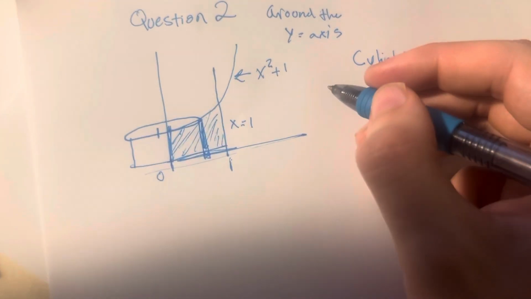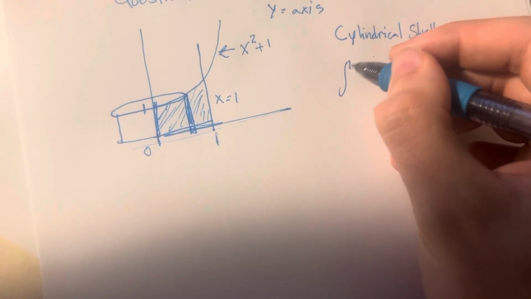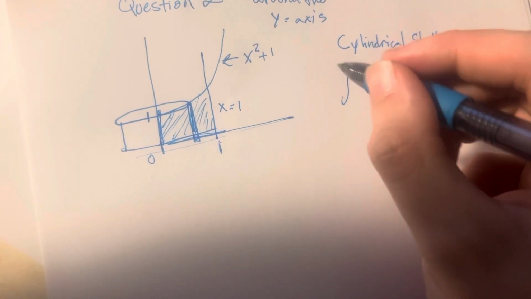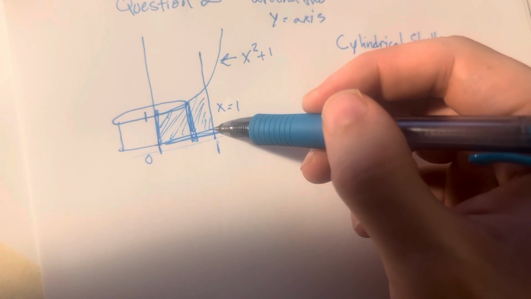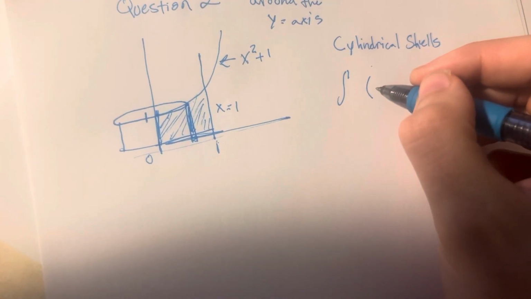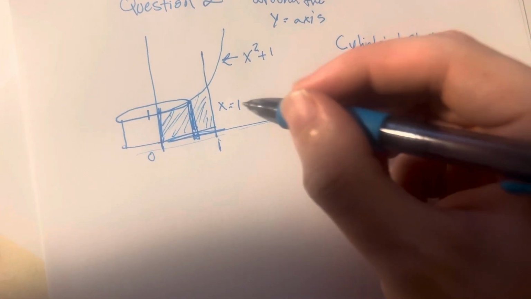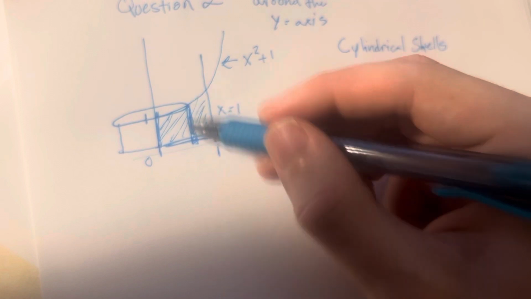So in order to solve by the method of cylindrical shells, we would have to take an integral of the upper function and the lower function, which we would do so by saying, well, in this case, it would actually not be between the upper and lower.